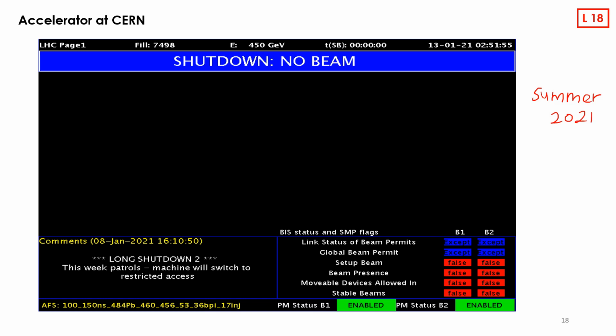And then it will have another 2-year shutdown before LHC comes online in 2027. So this is the screen that is available on the CERN website, and if LHC is online, you can see the data that is obtained by the LHC in real time.